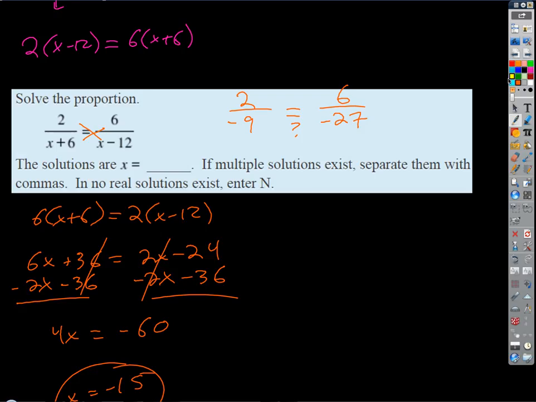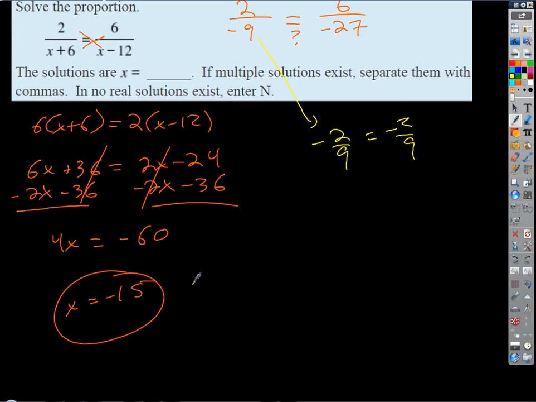That means this guy simplifies to just negative 2/9. And this equals negative 2/9 if I divide top and bottom by 3. Right? Okay, so it works. So it checks. Okay? Good? Yes, ma'am. Any question? Yes, you may.